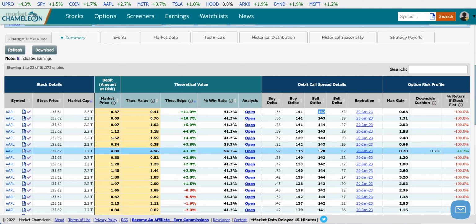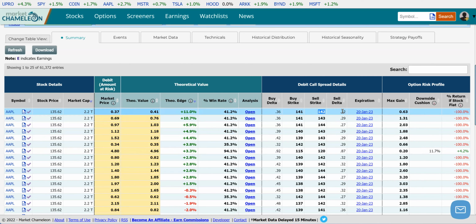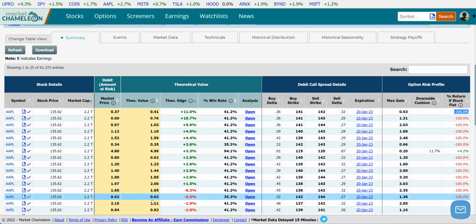So the idea is to find call spreads that are already in the money, and if the stock just finishes flat or goes higher, you will realize your max return. It doesn't really need to go higher. Here we see that this column shows us what your return would be if the stock is flat.